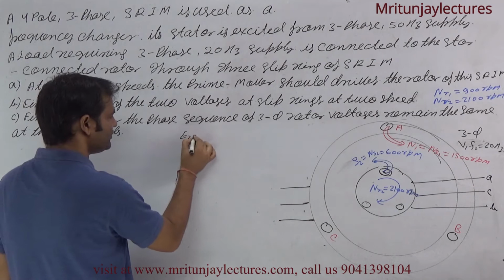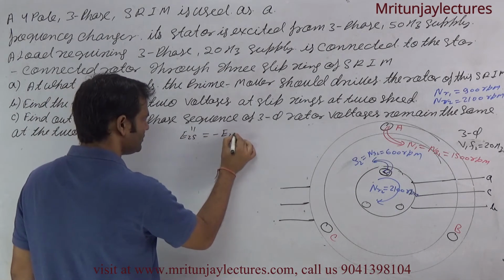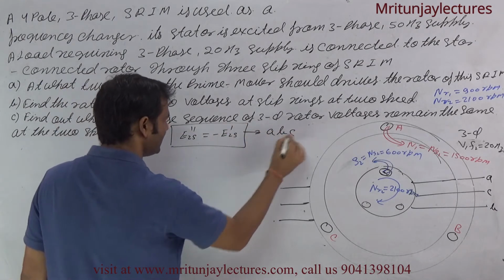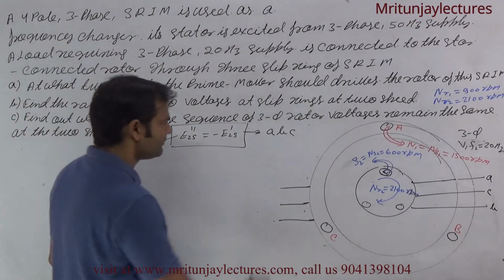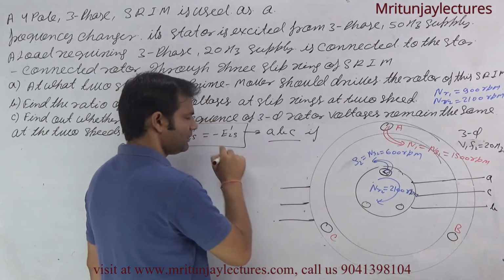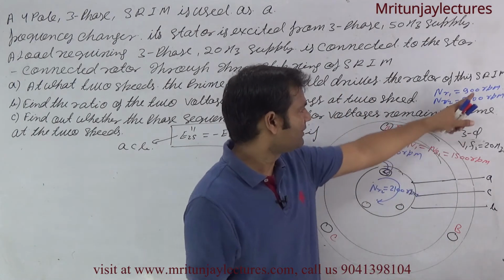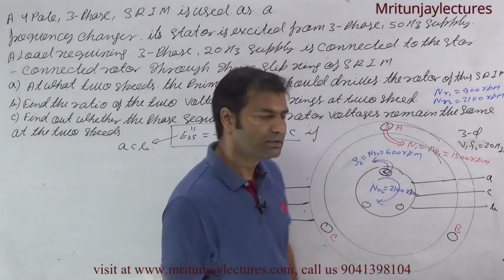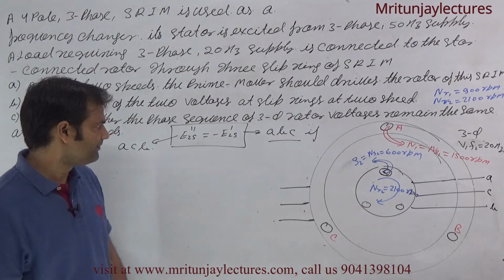That is E2S', this is E2'', and this is equal to E2. Clear? We have clarified what I am saying. If E2S corresponds to stator speed 1500 and rotor speed 900, then the phase sequence corresponding to the rotor is ABC.